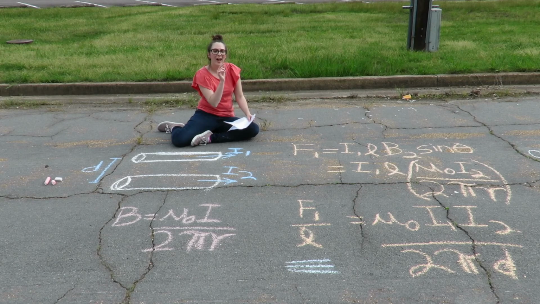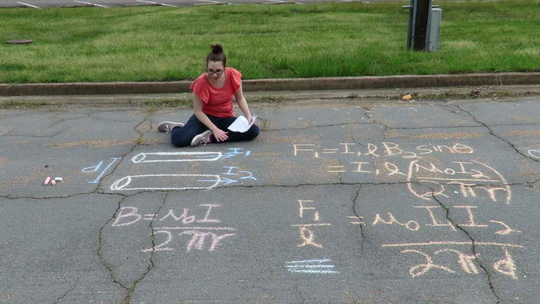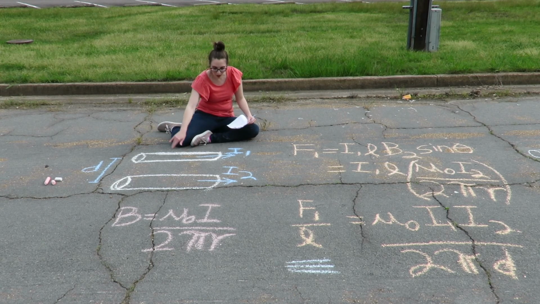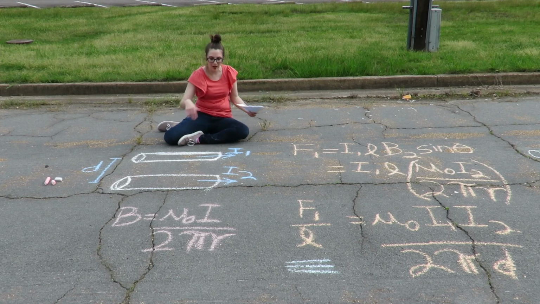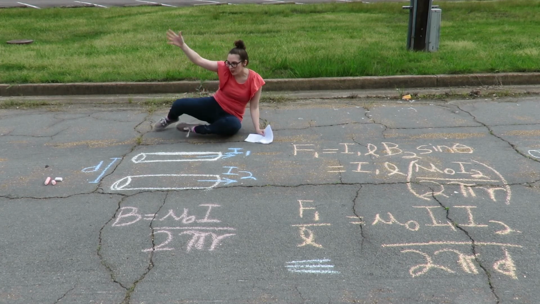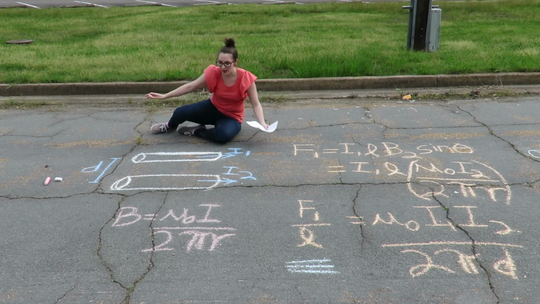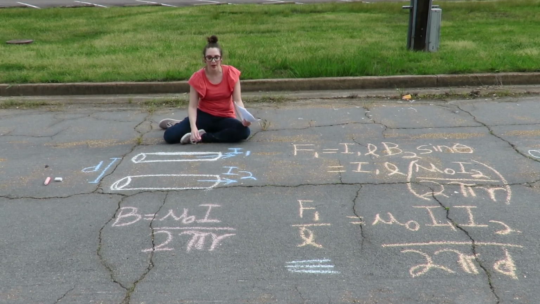Now let's talk about the magnetic force between two parallel conductors. In this case we have two wires, and they have some current running through them. This first wire has a current running parallel to the current in my second wire, and the wires are parallel to each other. If we use our second right-hand rule, we can figure out the direction of the magnetic field around these wires.